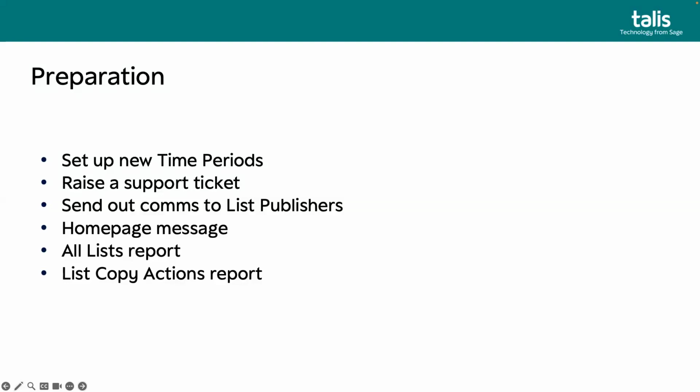When you are raising that support ticket asking for a time period, it's also useful to let us know which date you are planning to roll over. The reason we say that is because theoretically, if we had 5 or 6 institutions all looking to roll over on the same day, that could cause us an issue with strain on the servers.